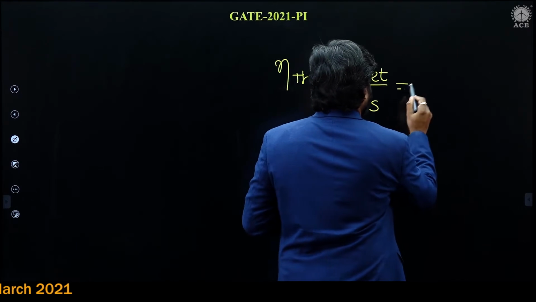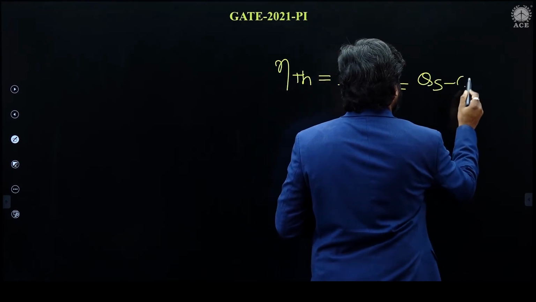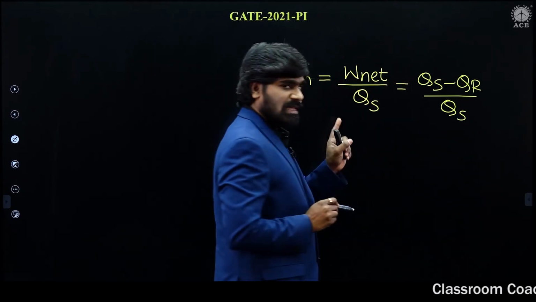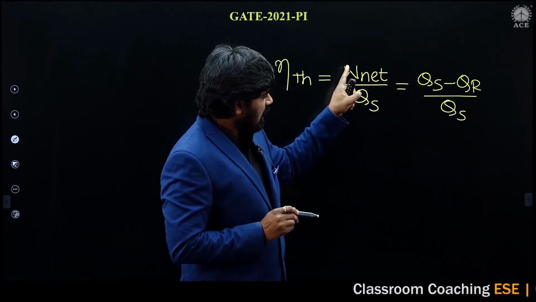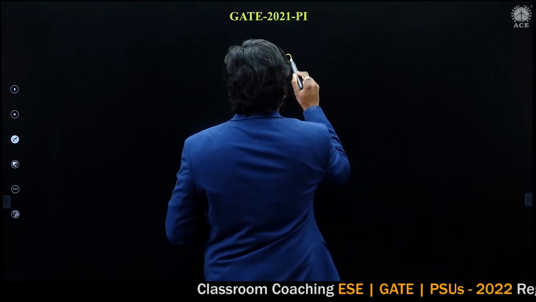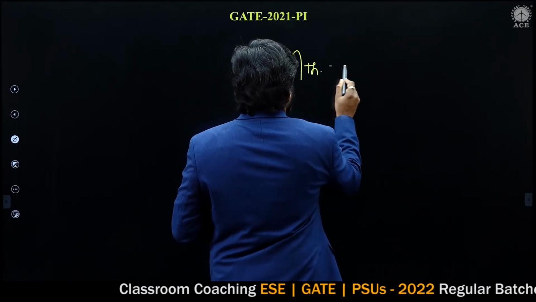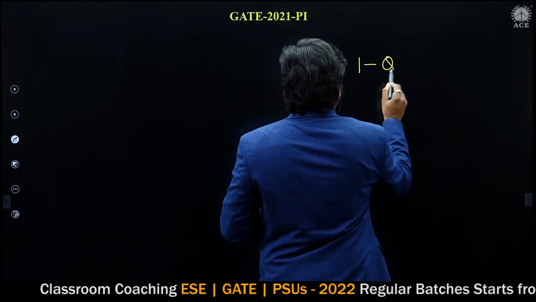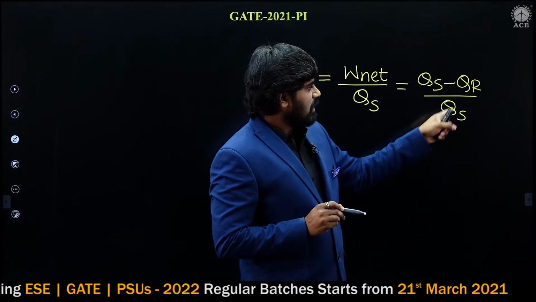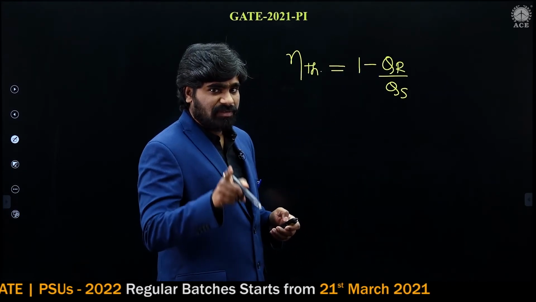W net is heat supply minus heat rejection. We know very well this is the generalized equation. Therefore, thermal efficiency can be calculated as 1 minus heat rejection by heat supply. Yes or no? Heat supply is given, heat rejection is given.